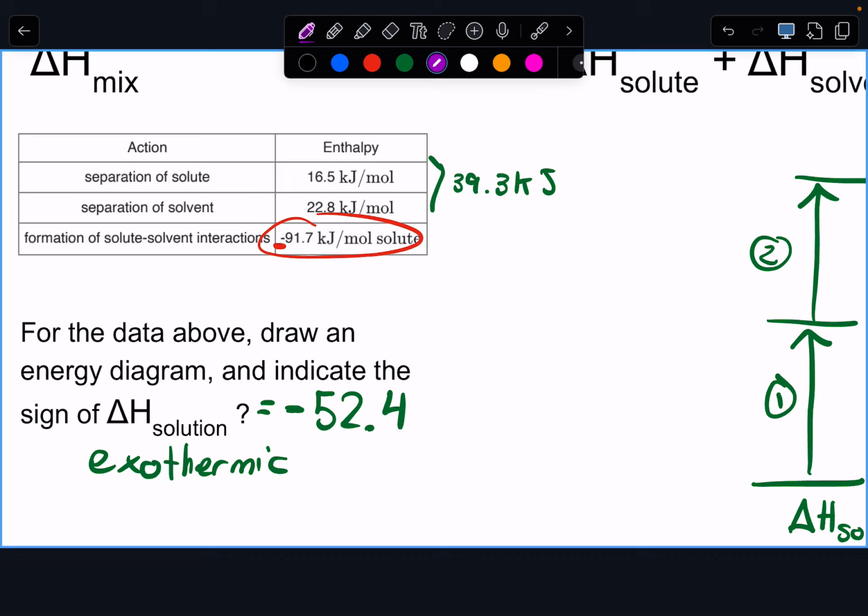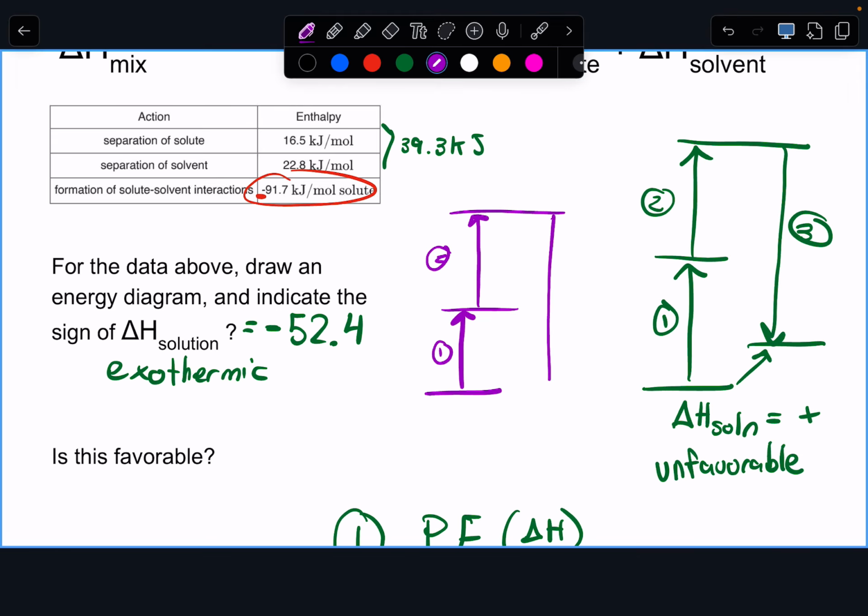So if we were to sketch out an energy diagram for this, step 1 would take a little bit of energy, 16.5. Step 2 would take a little bit more. But step 3 would release more than twice as much as was required.